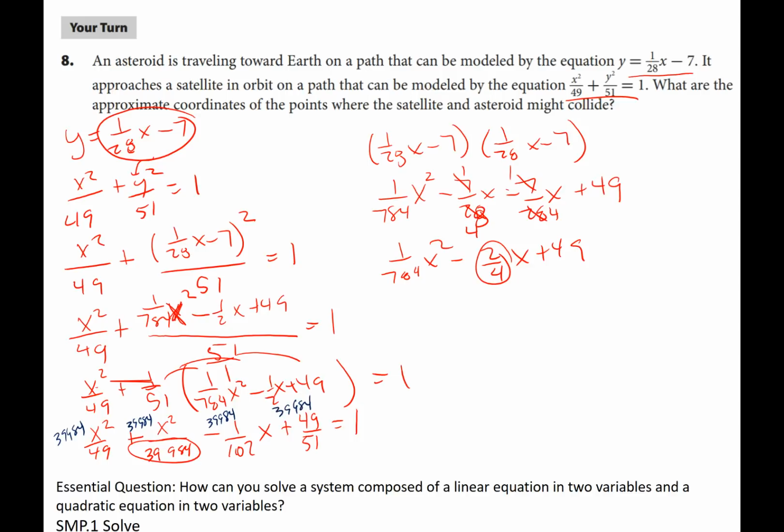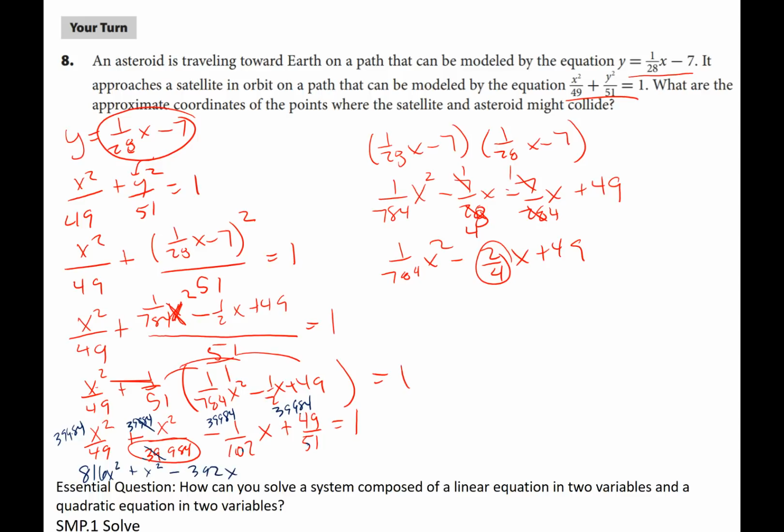Okay, so 49 goes into this one here 816 times. So 816x squared. This one just goes down to 1, so plus x squared. This one, 102, goes into that number 392 times.